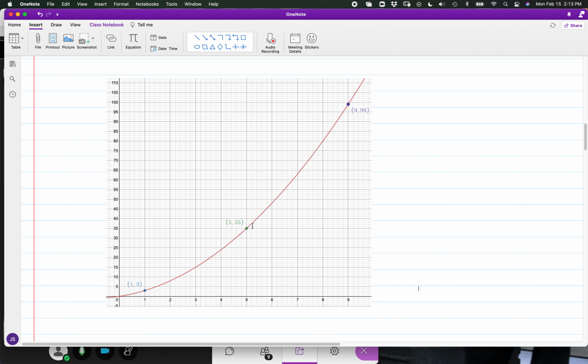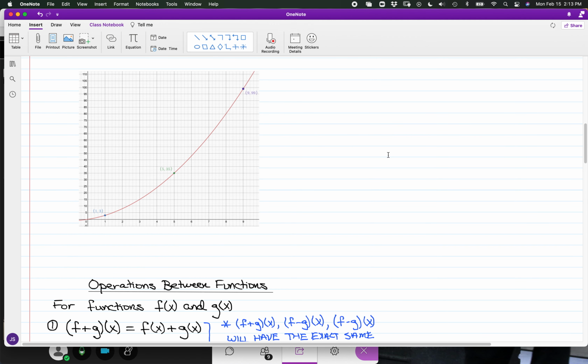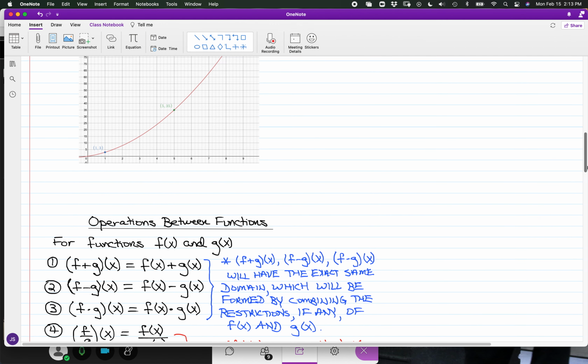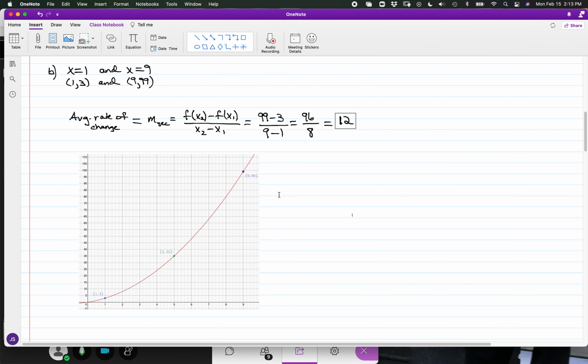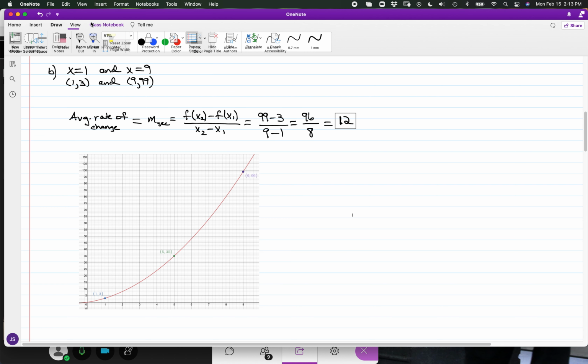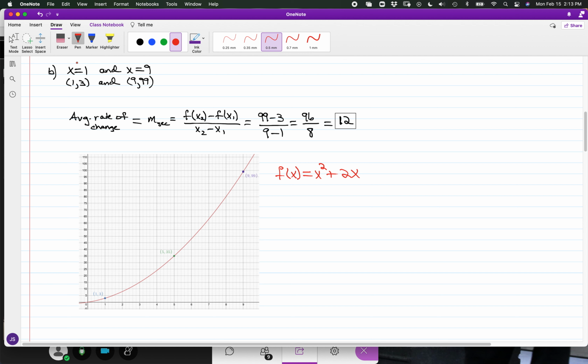For this particular curve, this is a section of what we have concerning the function f of x equals x squared plus 2x.